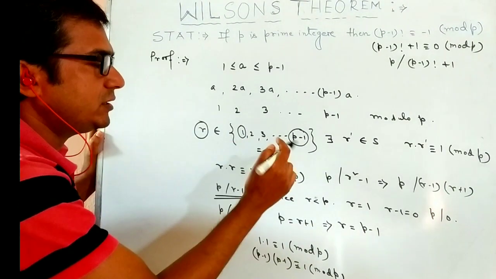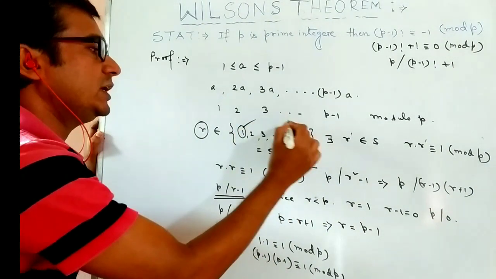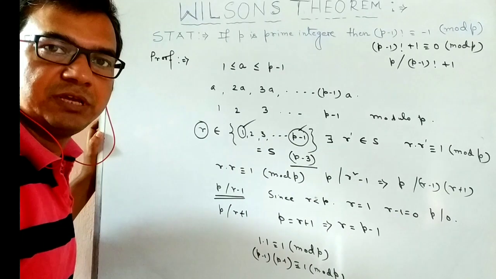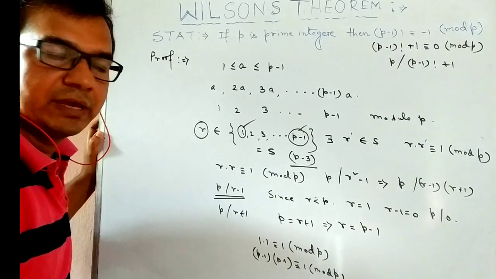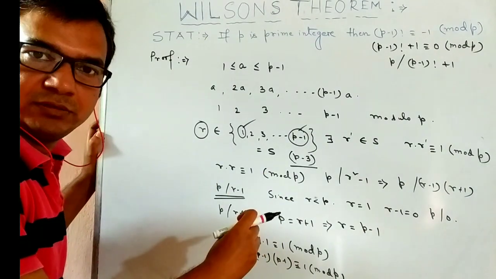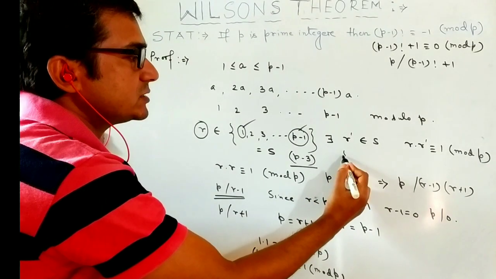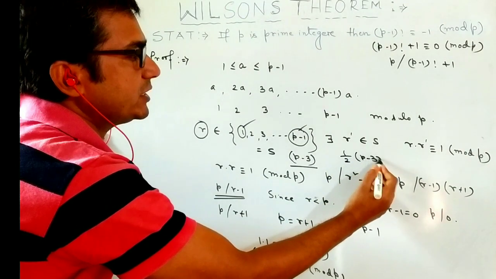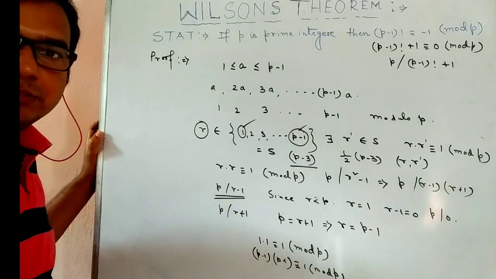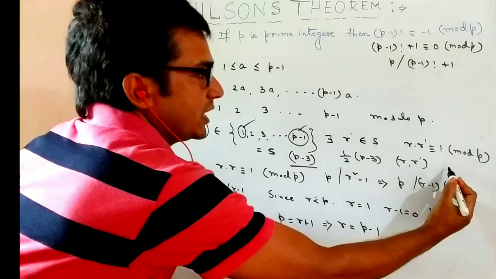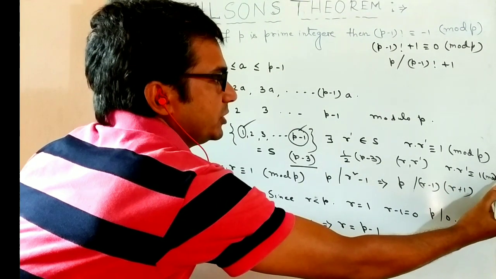The remaining p minus 3 elements can be paired. The number of pairs is half of p minus 3, as r, r dash, such that r times r dash is congruent to 1 mod p.